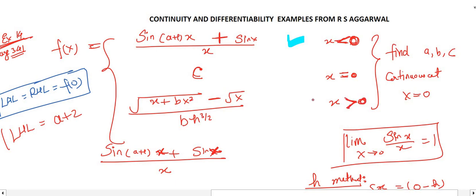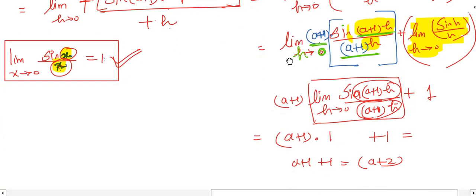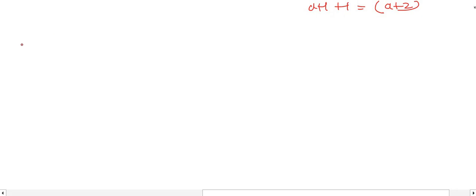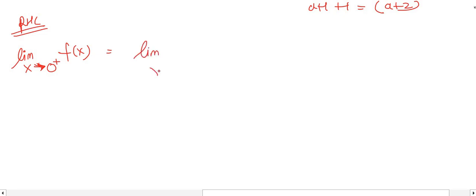For more than 0, we will select this one. Correct? So if we select this, what will be the value? Let's solve it. For RHL, limit x is tending to 0 plus fx. So what was the value of fx for x tending to 0 plus?